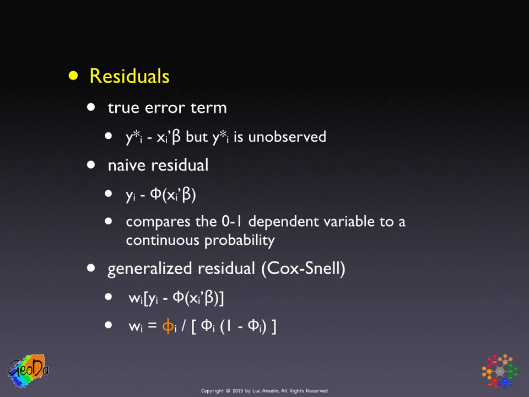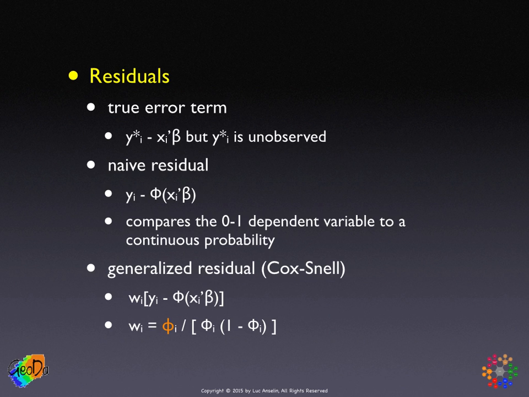Because the notion of a residual is not really that obvious. We have the true error term, the u sub i, which we model in the linear expression, but that is related to the latent variable. So the true error term, in fact, would be y sub i star minus x sub i beta, but we don't know what y sub i star is unless we simulate it, of course, which we'll get into in the estimation.